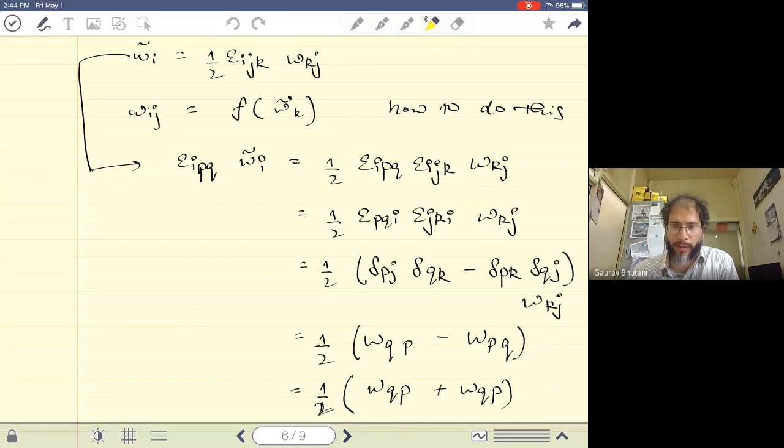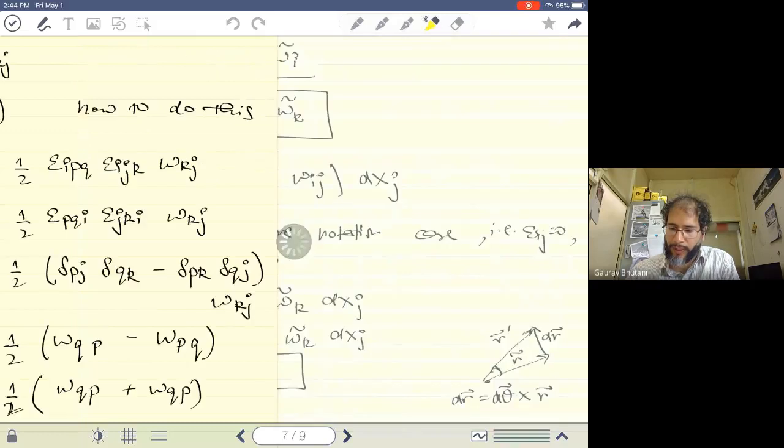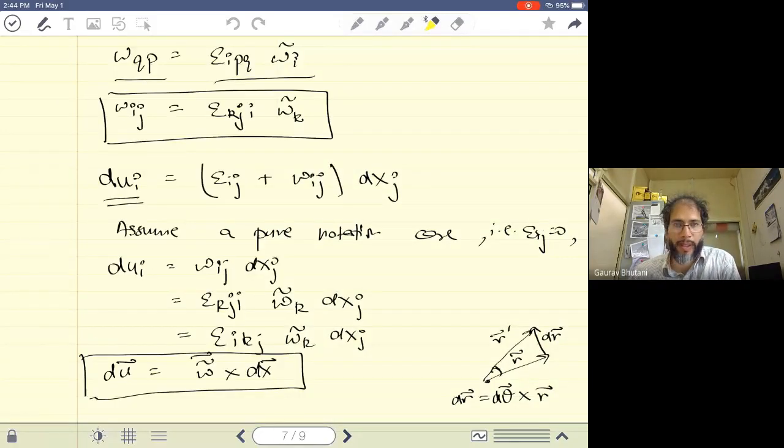This was purely a mathematical exercise. And finally, in a situation where epsilon is 0, that is, there is no strain, we were able to write du, the relative differential displacement, only in terms of the omega tensor, and then we substituted omega tilde here.